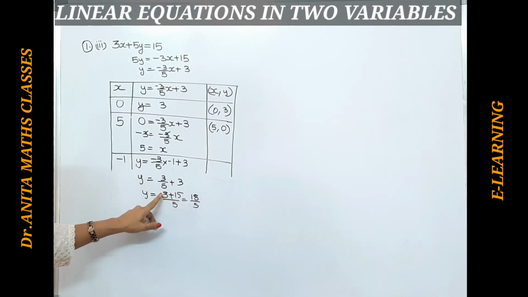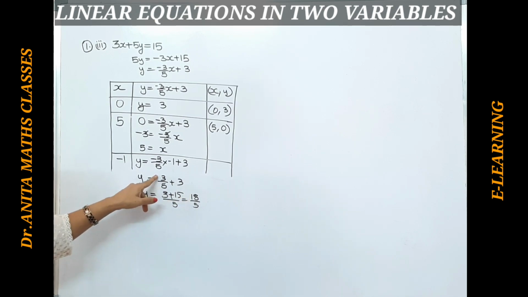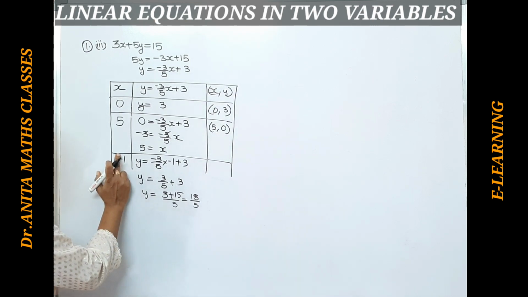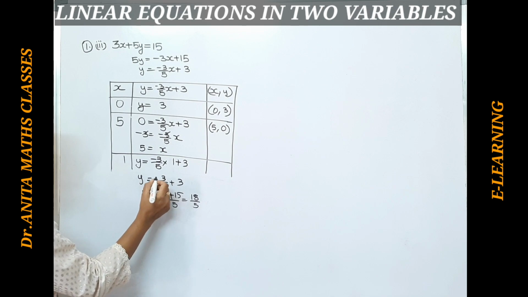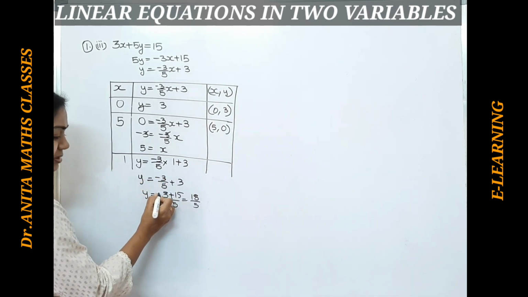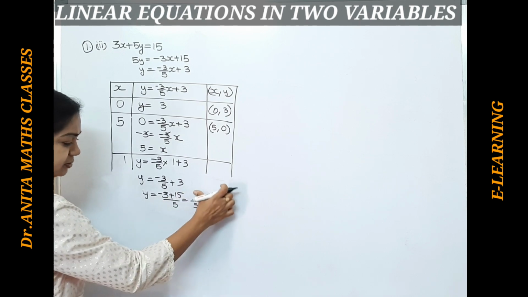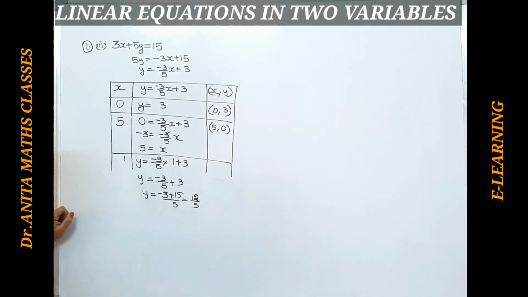So to get a multiple of 5, you need to get 15, okay, 3 plus here 12 we need to get. So let me take 1, so this becomes minus 3 by 5 plus 3. So this will become minus 3 plus 15, so this is 15 minus 3 is 12 upon 5. That also we will get in fractions. So let's not take this.